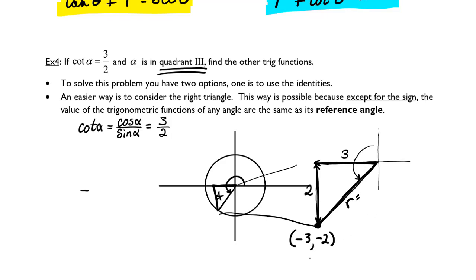The radius is the square root of a squared plus b squared. We'll go ahead and say 3 squared plus 2 squared. That gives me r is equal to 9 plus 4, or the square root of 13.